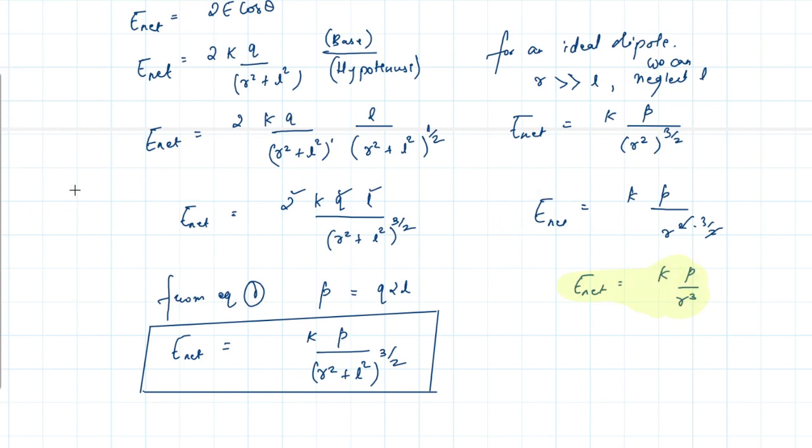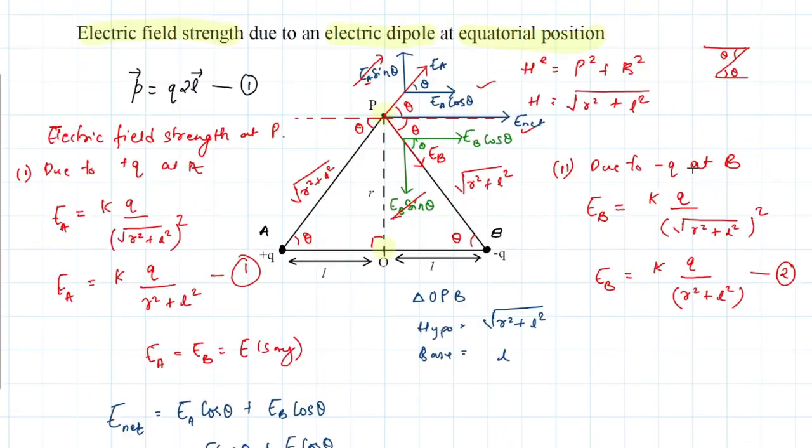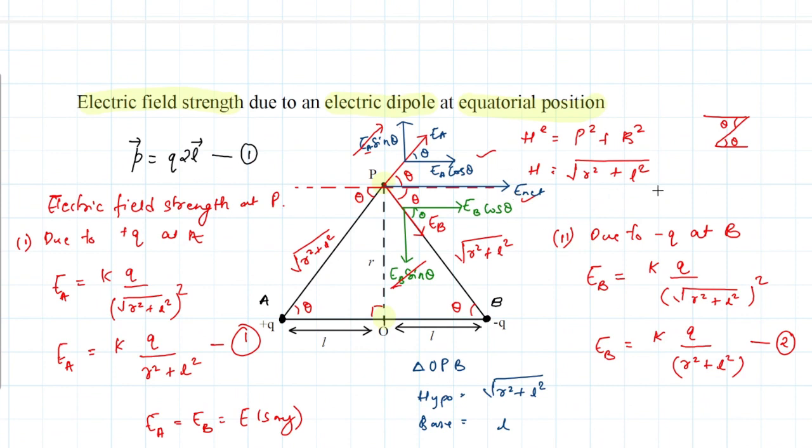And lastly, let's write this in vector form. Let's see both the direction of electric field strength and electric dipole moment. Here, the net electric field is directed in the positive x direction, but our dipole is directed from negative charge to positive charge.